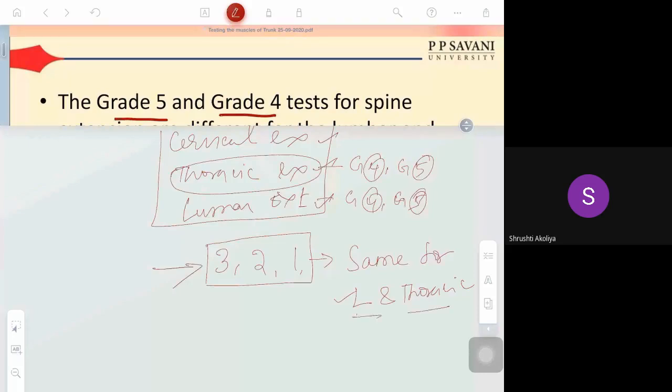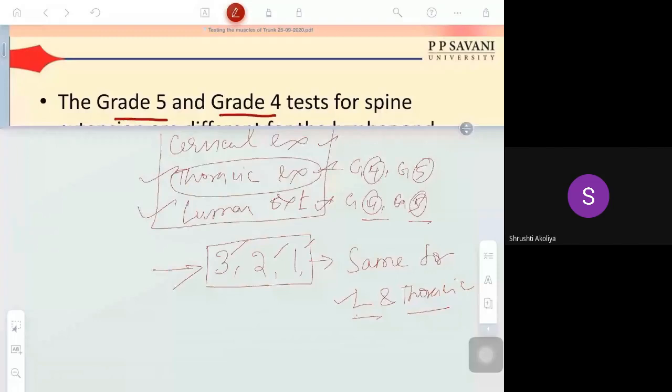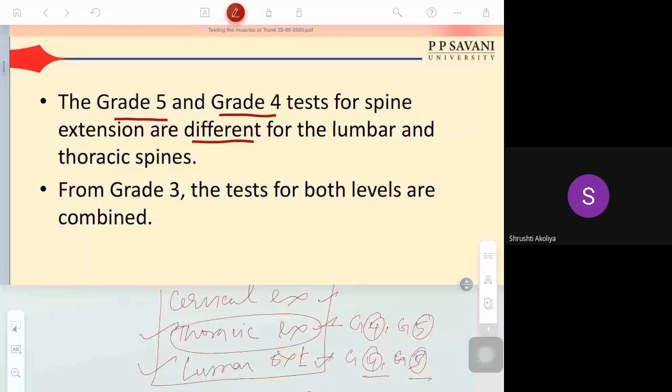But the position is different for grade 4 and 5 for thoracic and lumbar. I think you understood. Grade 5, 4 tests for spine extension are different for lumbar spine and thoracic spine. But for grade 3, the test for both levels is combined.